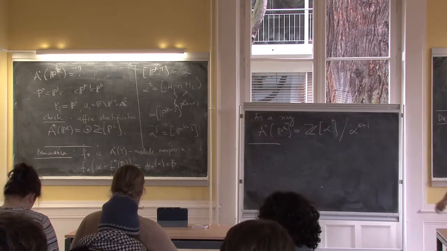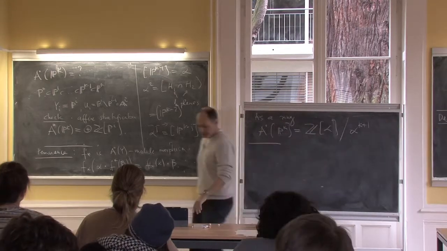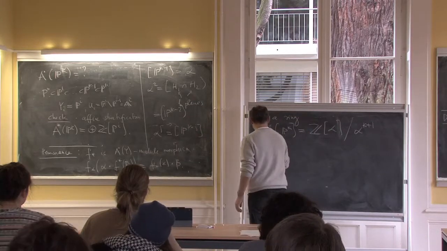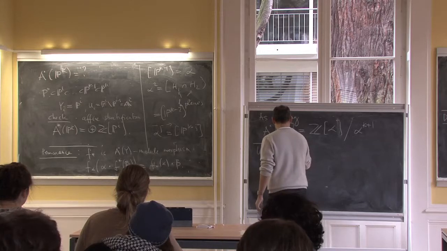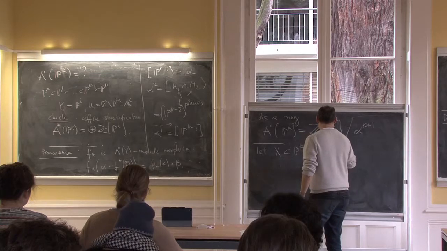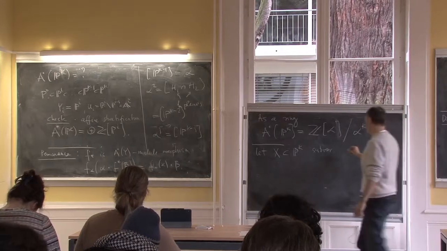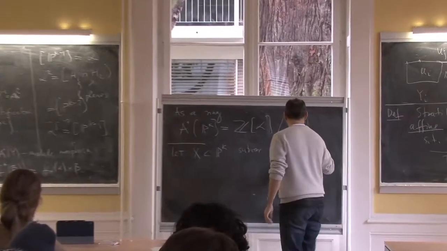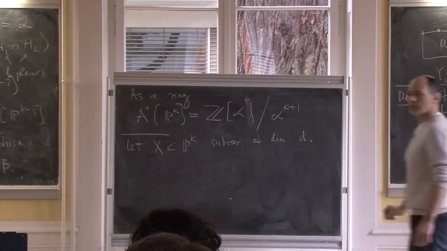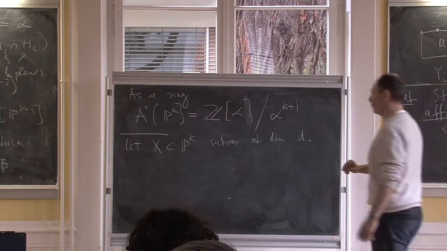Okay, so now I will introduce one more piece of notation. Let X be, let's say, a subvariety of dimension d. Well, it will always be a pure subscheme, but I let it be a subvariety.